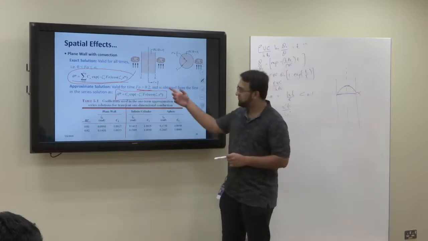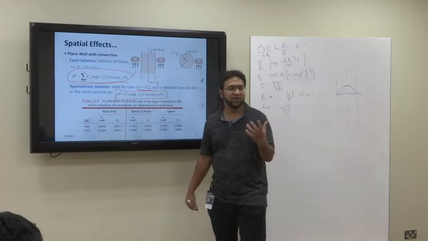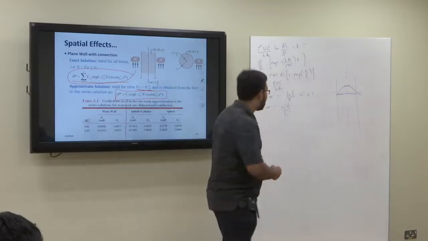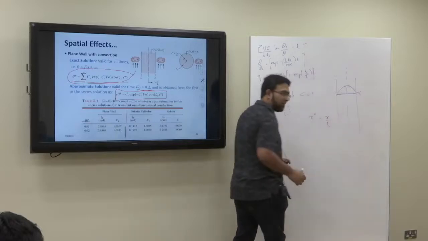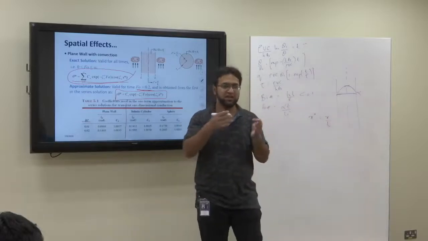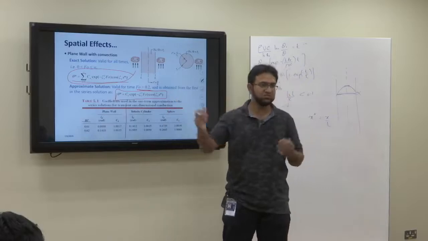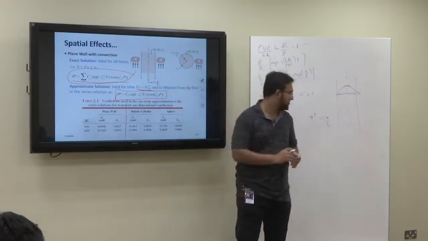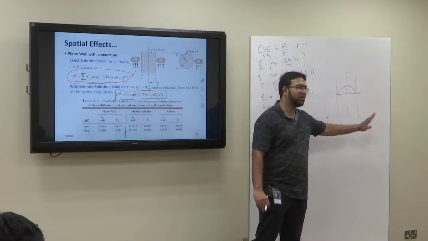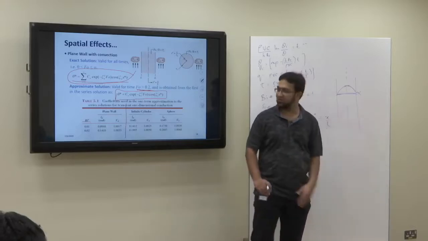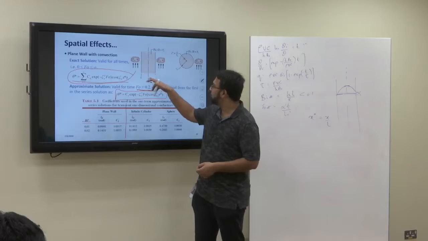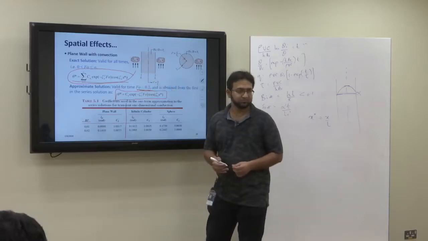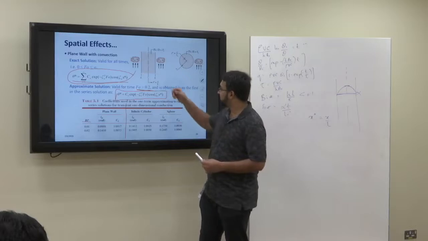Here we put the values not in terms of x, but in terms of x star, where x star is x upon L. It's a dimensionless length, a dimensionless distance. L is the length from the adiabatic plane to the edge. So here you have x from 0 to L in this direction. So x star is x by L.